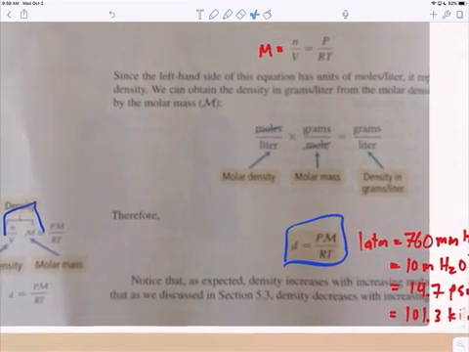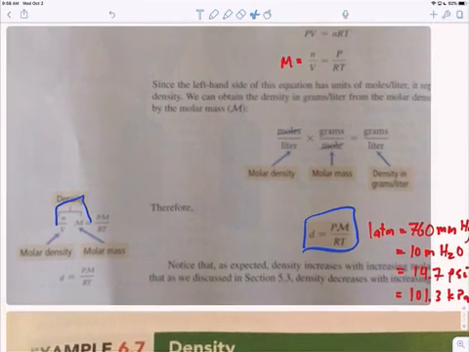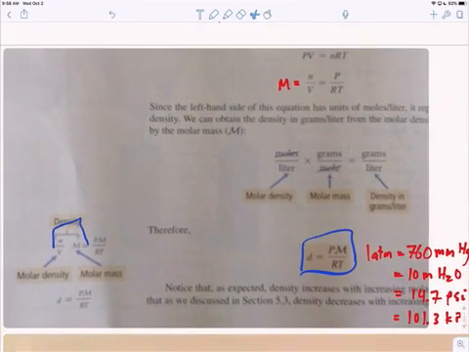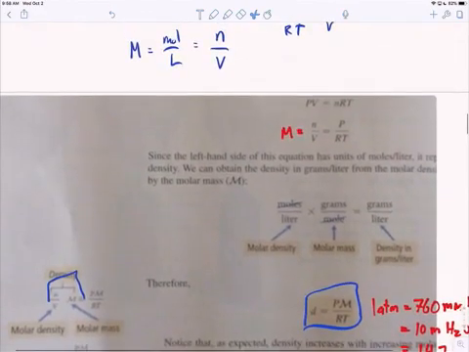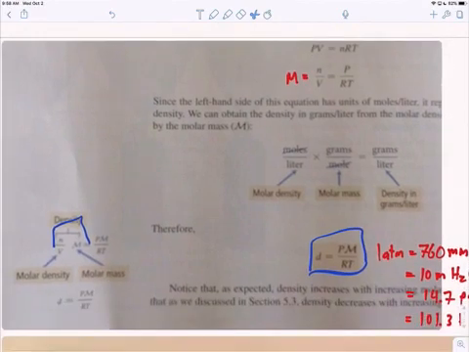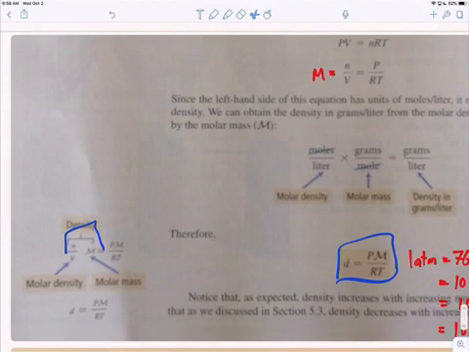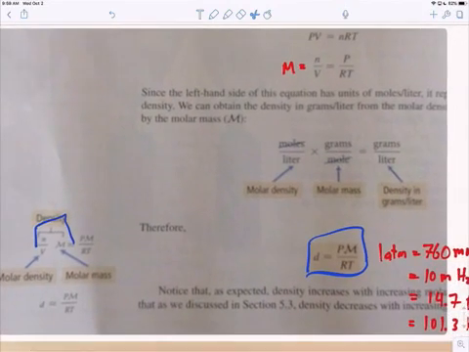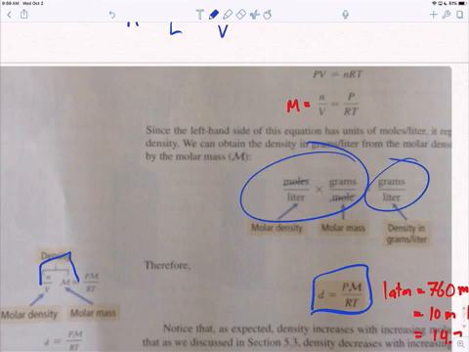So you can take this molarity, moles per liter, N over V, and this grams per liter density is equal to the molar density times grams per mole.